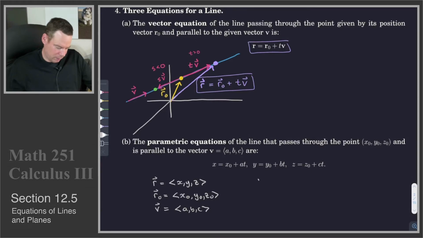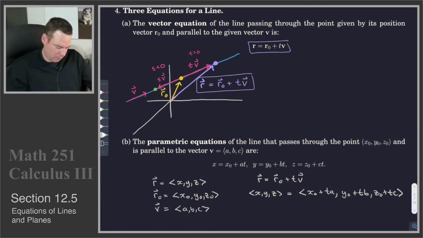what we get is that r equals r naught plus tv boils down to x, y, z is equal to x naught plus ta, y naught plus tb, and z naught plus tc.